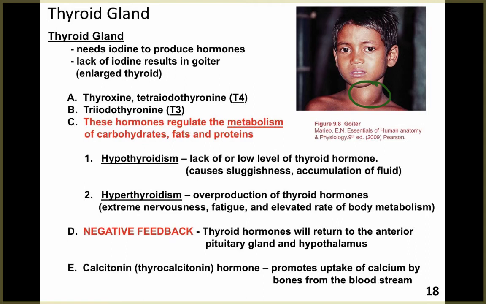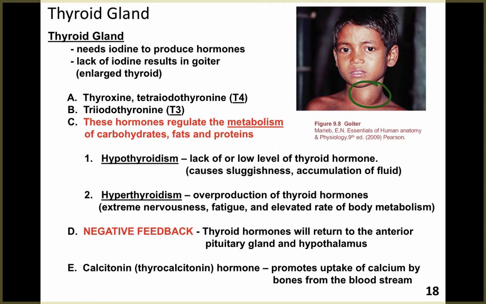Hyperthyroidism, an overproduction of it, can cause extreme nervousness and fatigue, and it elevates the rate of your body metabolism. Both of these work by negative feedback again. Once they're at a high enough level in the body, they'll turn off the anterior pituitary gland and the hypothalamus.